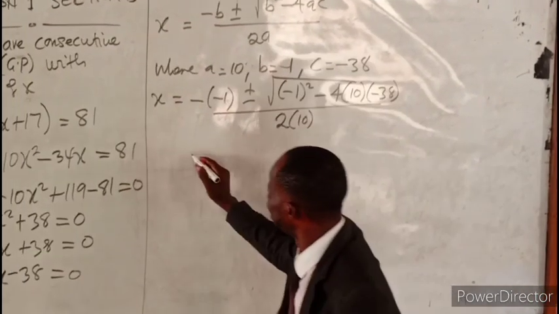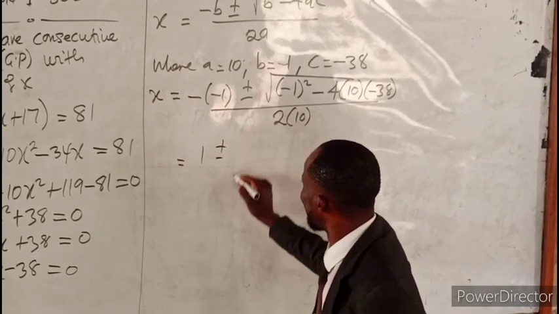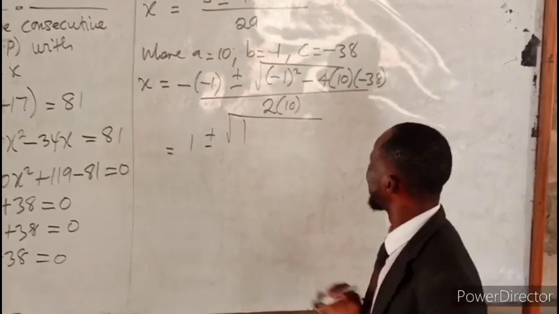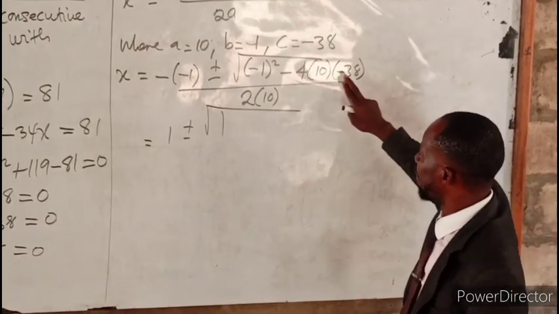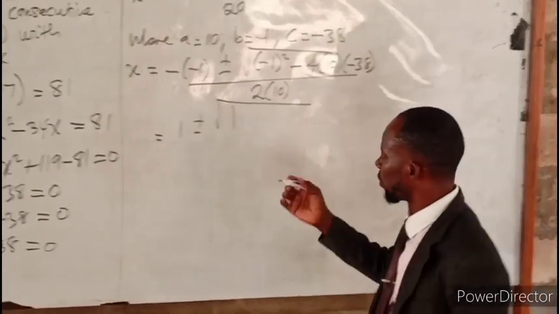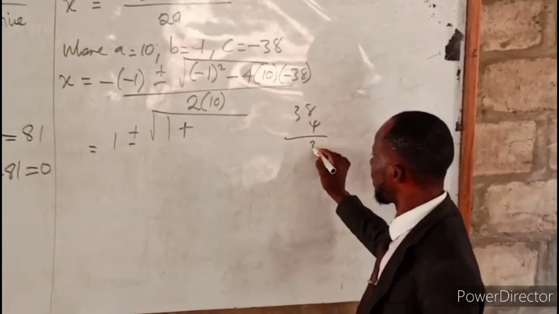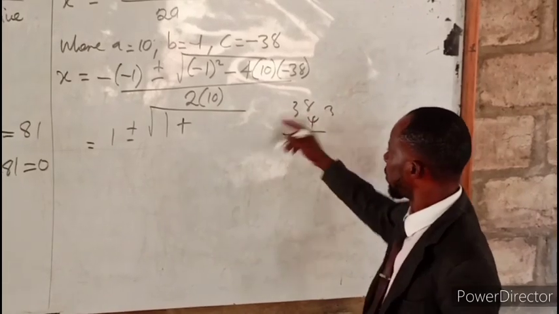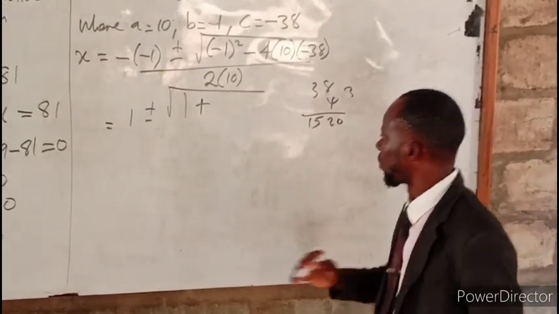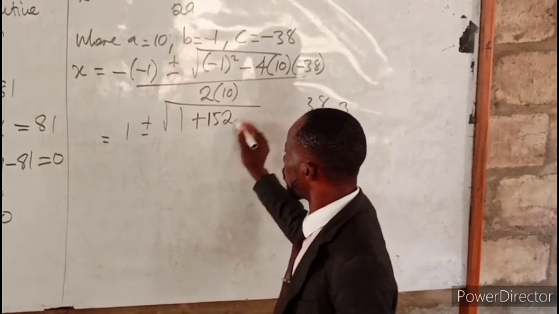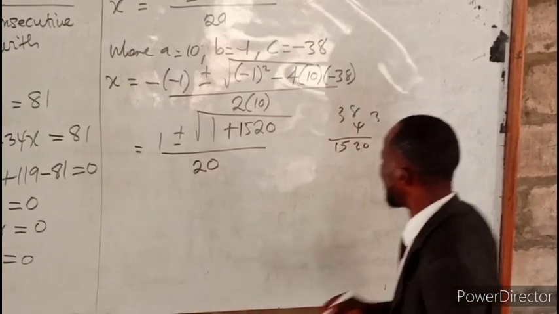With this, I'm sure the calculator can help us get 1 plus or minus the root of 1. I'm seeing negative, so negative 4 times this will give me a positive value. 3, 8, 4, 32, 3, 12, so 15. Then the 10 will add this 0 to give us 1520, all over 20.